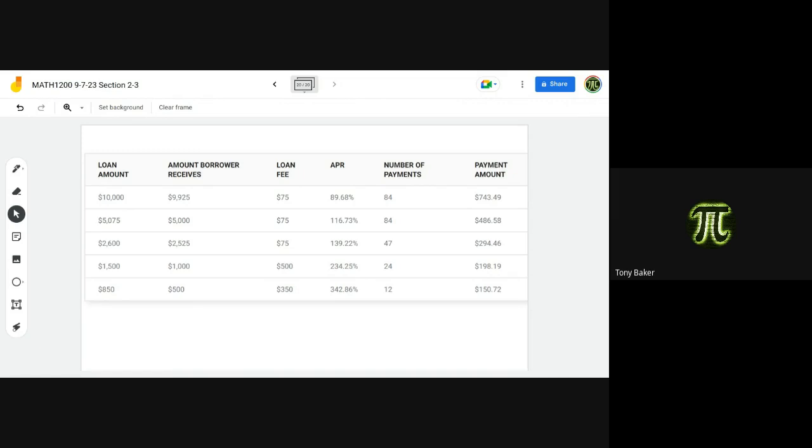This is why I think these classes are important, because the more math literate you are, the less scared you are of numbers, and the better you're going to be able to not be taken advantage of.